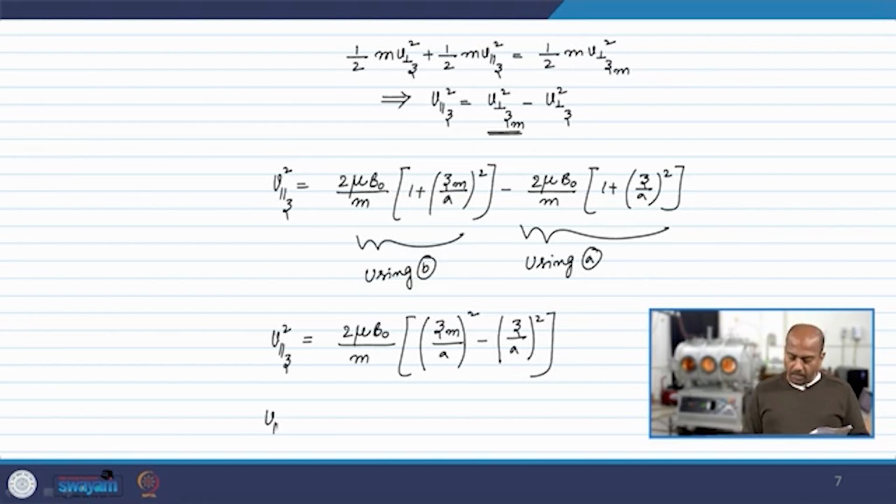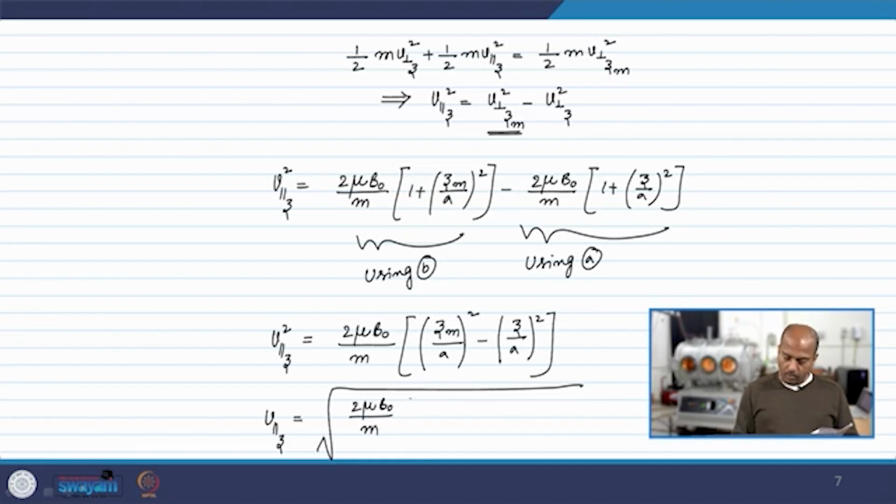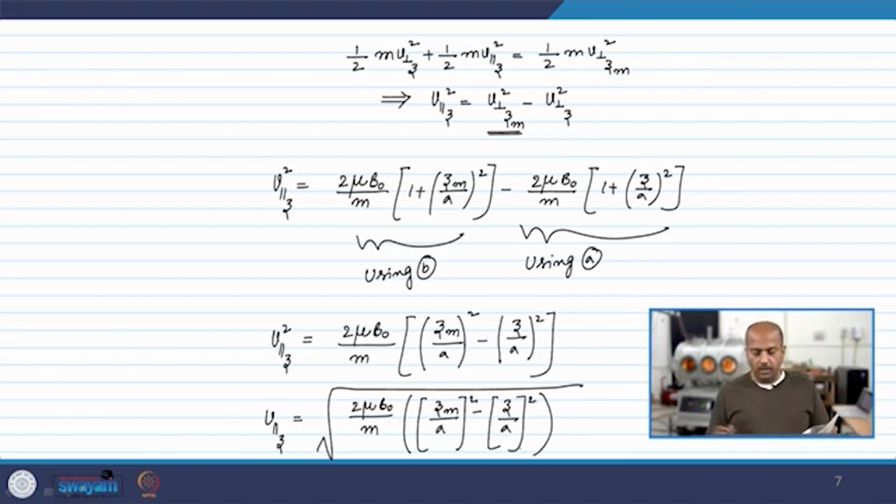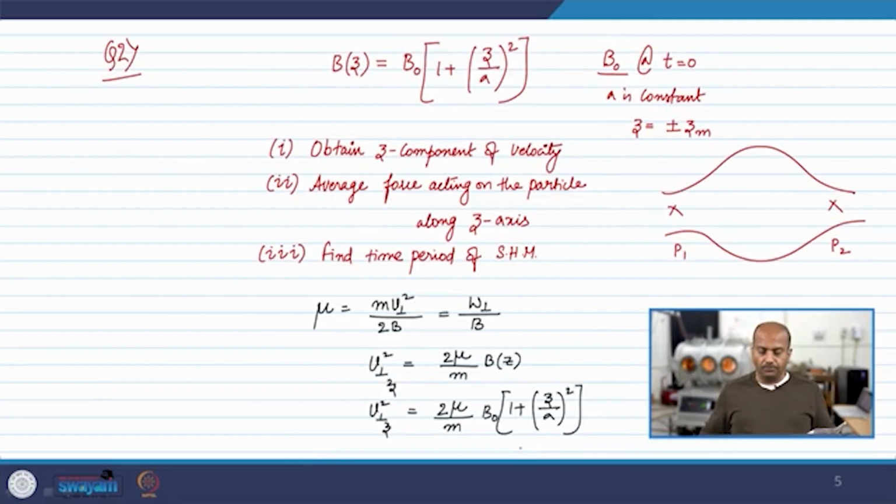So, the non-zero velocity component along the z axis is this. This is the answer for the first question.